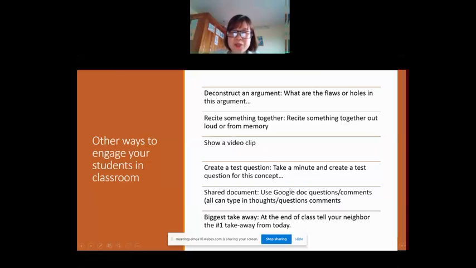Or you can require your student to create a test question. After your student understands something, you can require them to create a question, try to make the question as difficult as possible, and later give the question to the other student.